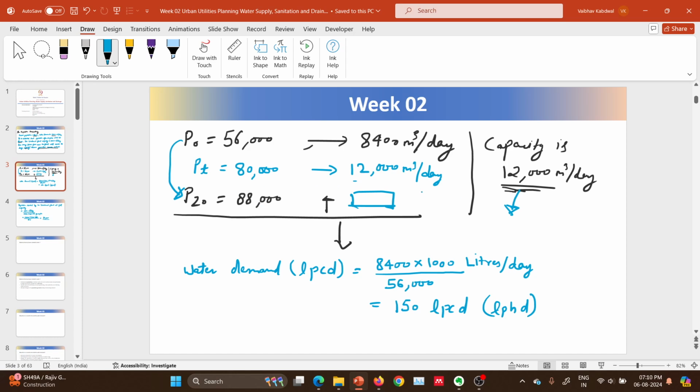But the capacity is less, so it will reach before 20 years. So now we need to find out when the population will grow to 80,000. We will calculate it with the help of the geometric increase method.